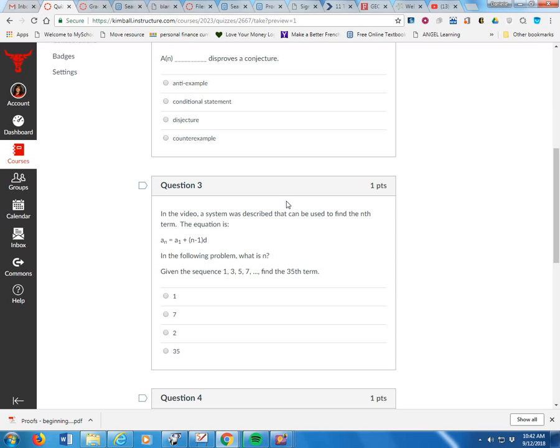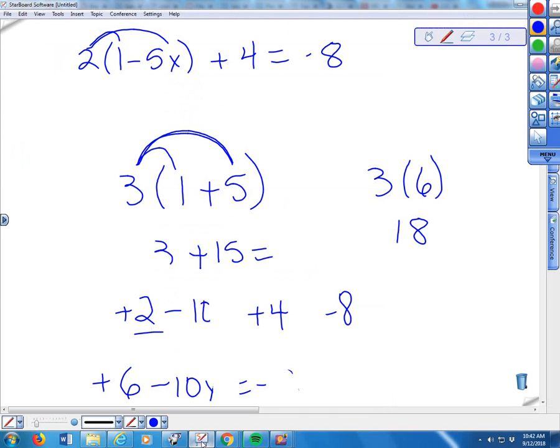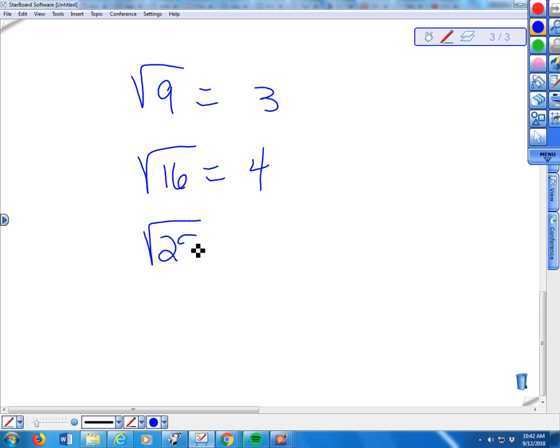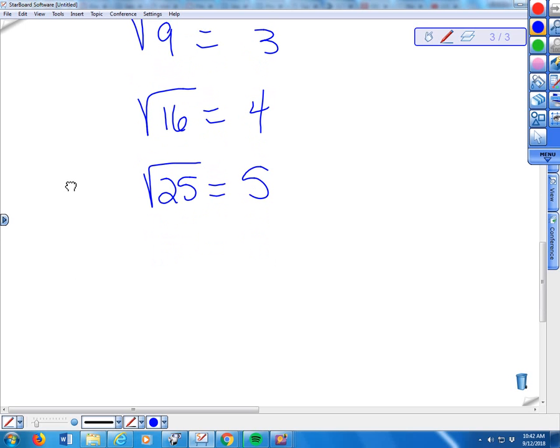So as an example, if I use this information, I might make a conjecture that the square root of x squared is x.